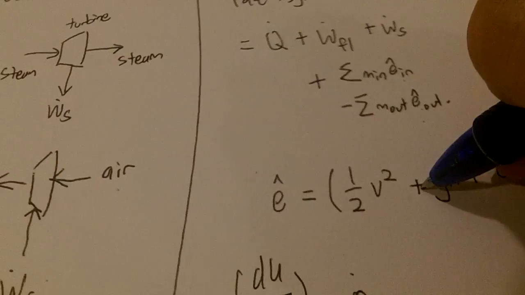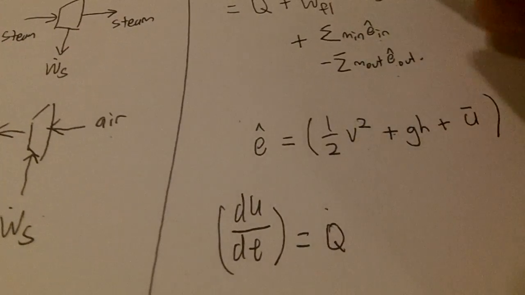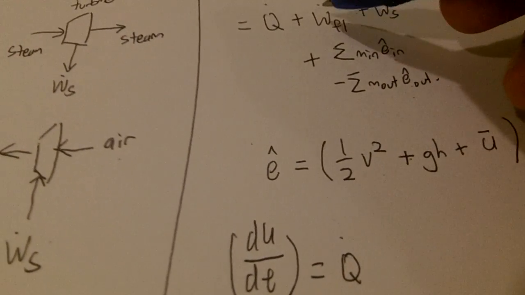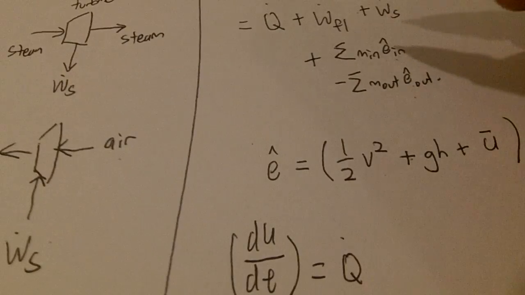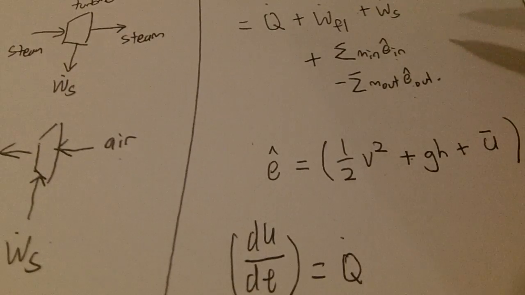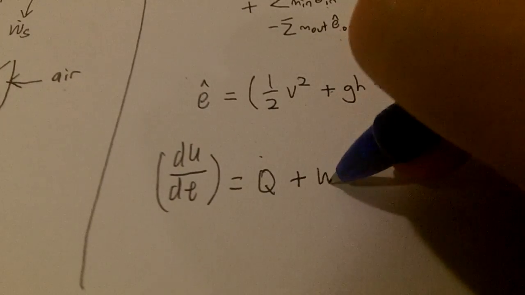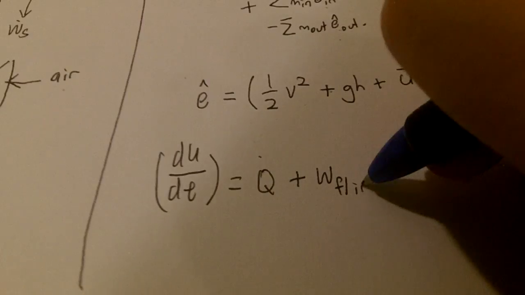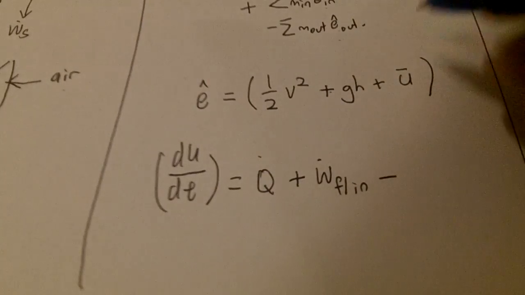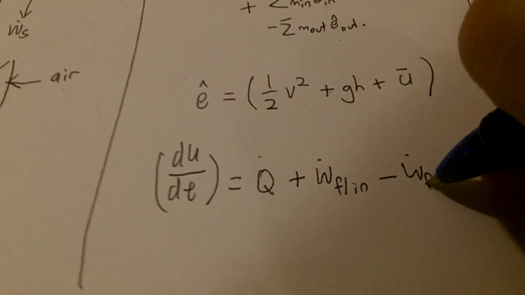By substituting this into our equation, I want to differentiate between the flow work going in and flow work going out of the system. So let's say you have flow work in, and you have to minus the flow work out.